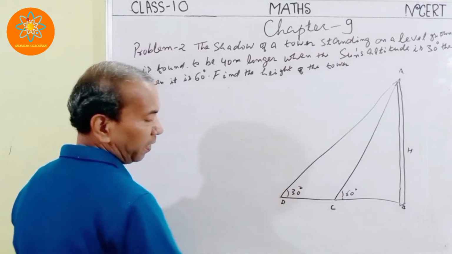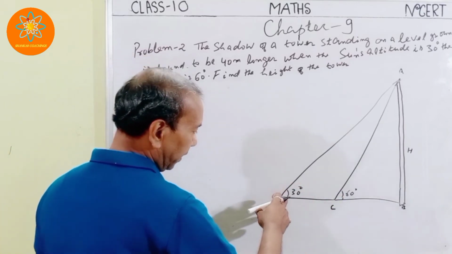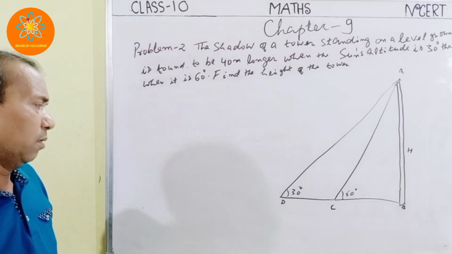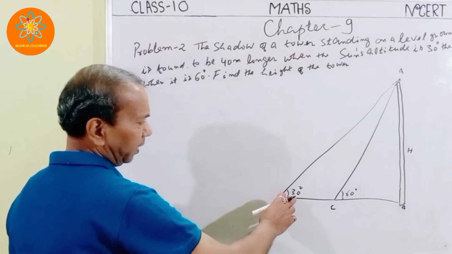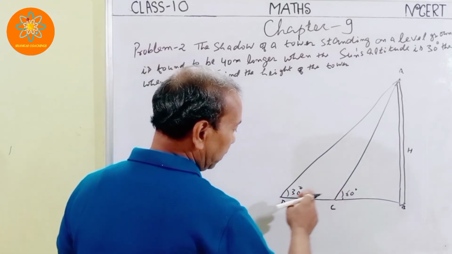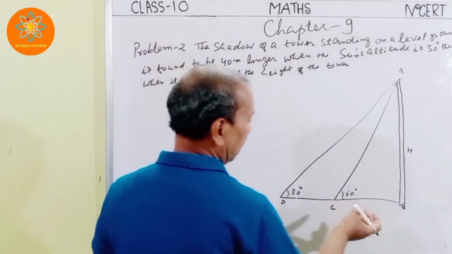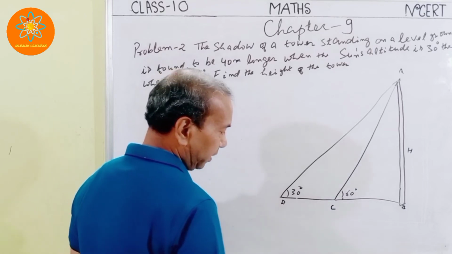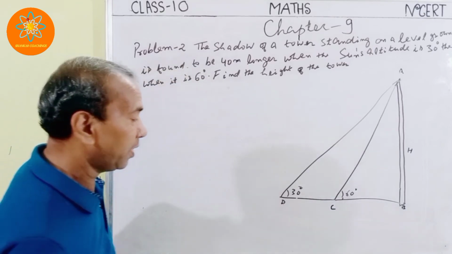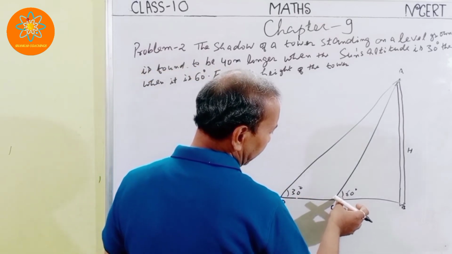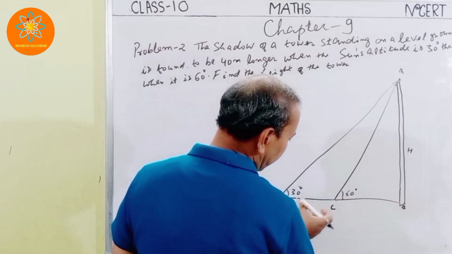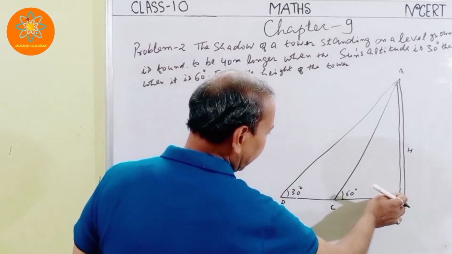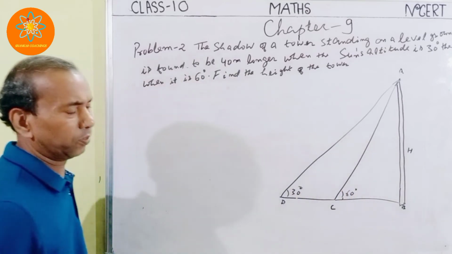So you cannot put 60 degree at the point D. If you are going towards the base of the tower, it is increasing, so this will be your 60 and this will be 30, because of this 90 degree angle.